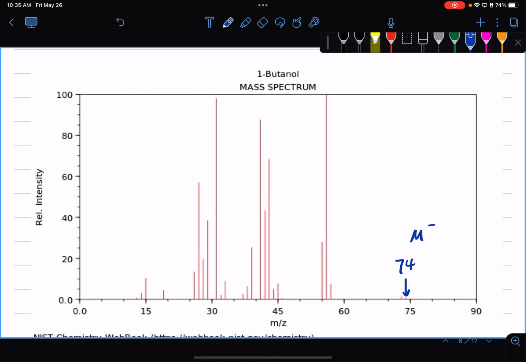And that is our molecular ion. The reason that peak is super small is because we have an alcohol that can easily undergo either dehydration or alpha cleavage. Both processes are very favored in your mass spectrum because both are forming very stable carbocation intermediates.